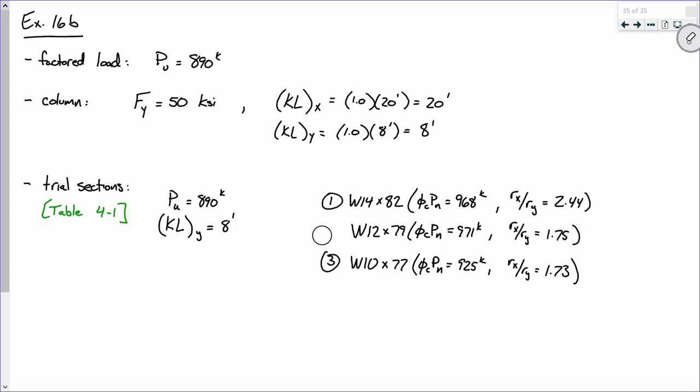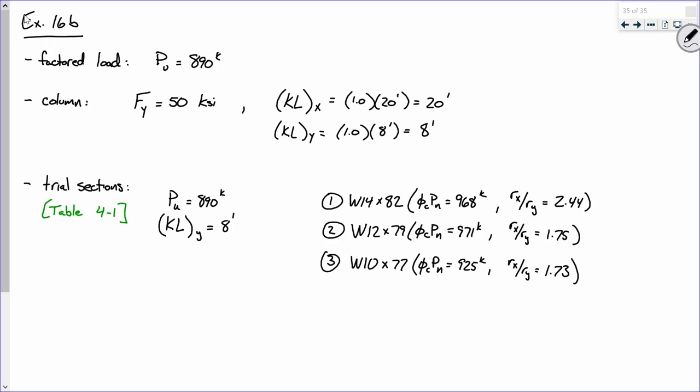Now, what I'm going to do is take these shapes one at a time, and analyze them about the strong axis to see if these sections are valid. We're also going to use a little bit of common sense when we do this work because I'm lazy, and I like to reduce the amount of math if at all possible.